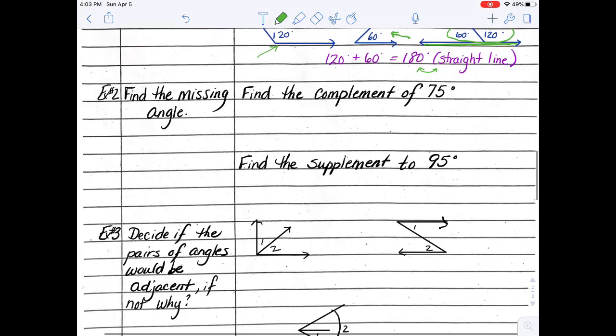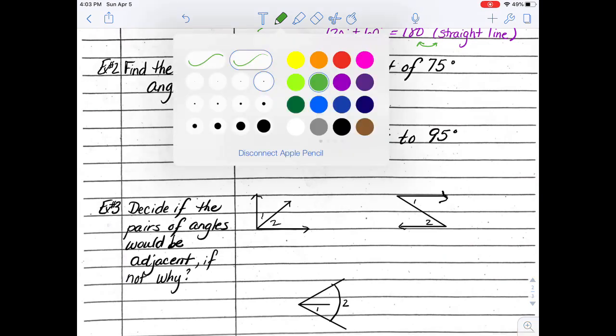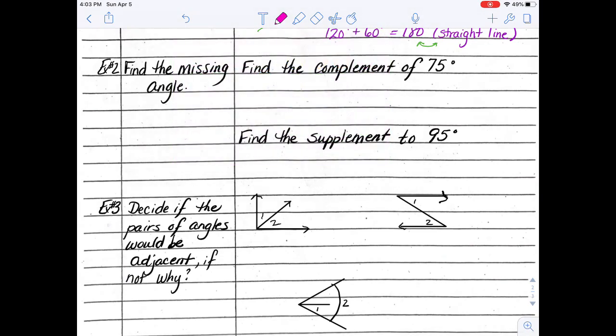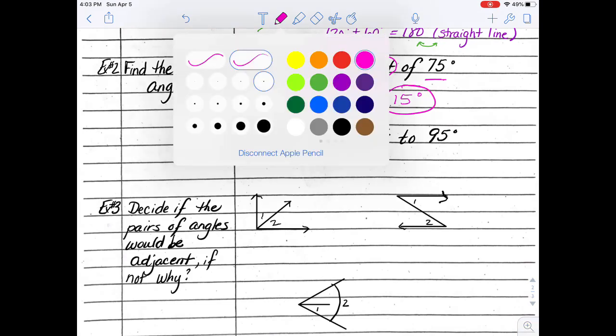If I gave you an example and said, find the complement of 75 degrees, remember, complement is the right thing to do. I need to have 90 degrees to be a right angle. Subtract the 75 I just told you that you had, and when you do that, you should have 15 degrees. The complement of 75 is 15.